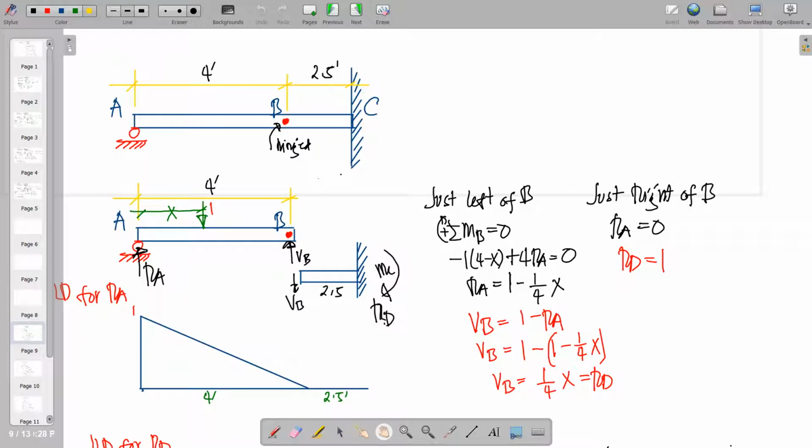Of course, there will be a distinct equation for the left of B and the right portion of B, because as one abandons this portion, there will be no reaction at A. So just left of B, we can write summation of moments at B. We have this unit load times the moment arm, that is 4 minus x, and then plus 4 times RA is equal to 0.